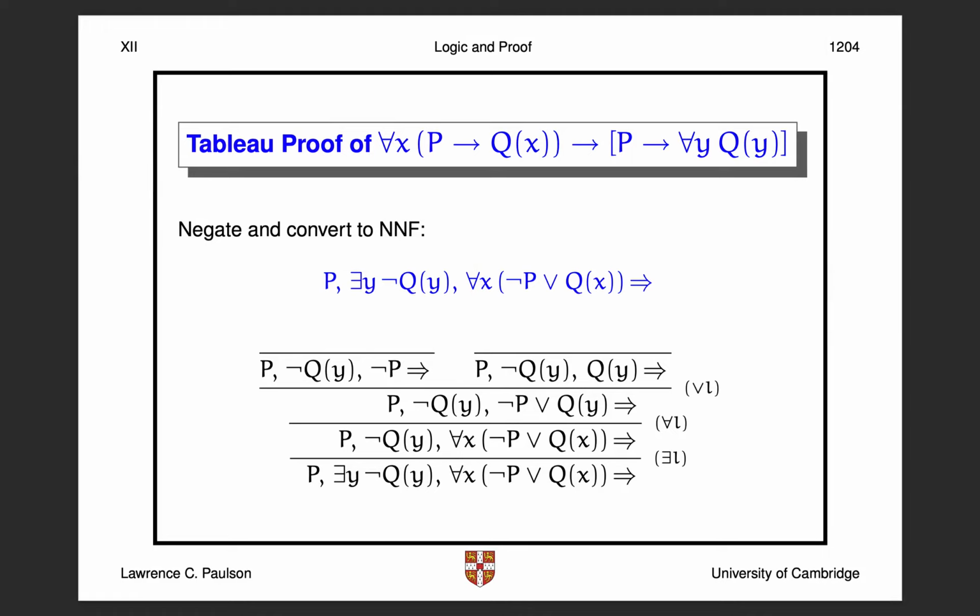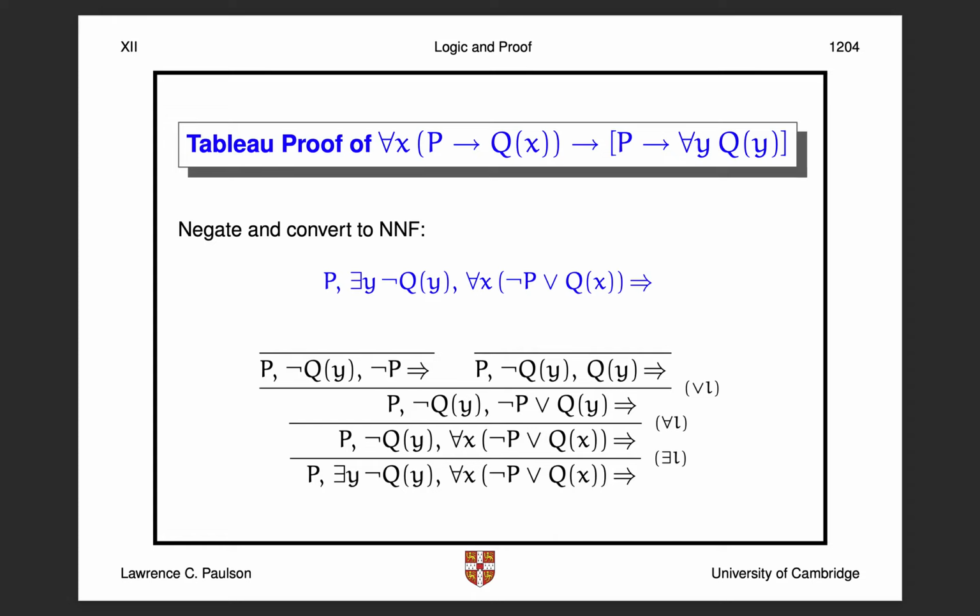So here's an example. We want to prove this formula up here. So here we're going to be a little bit like resolution in that we're going to negate it first. The reason we're negating is because we need to put it onto the left side.